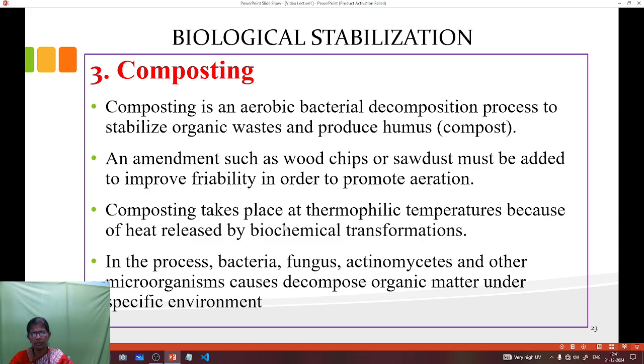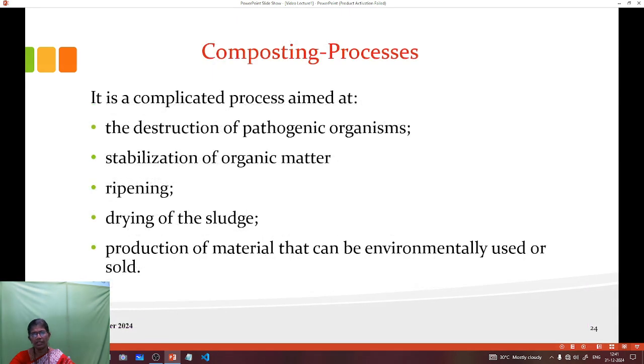During composting, thermophilic temperature will prevail, due to the biochemical transformation processes. The process is carried out by fungi, actinomycetes and other microorganisms which are responsible for the decomposition of the organic matter under a specific and controlled environment.